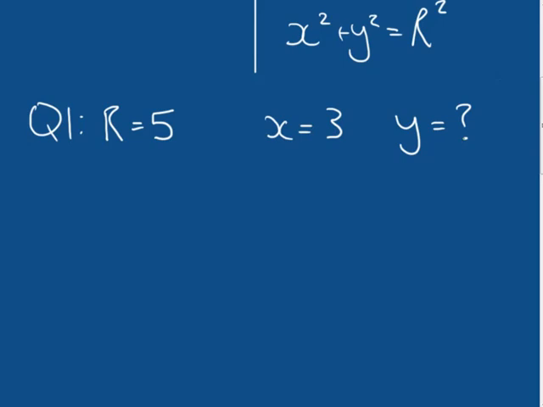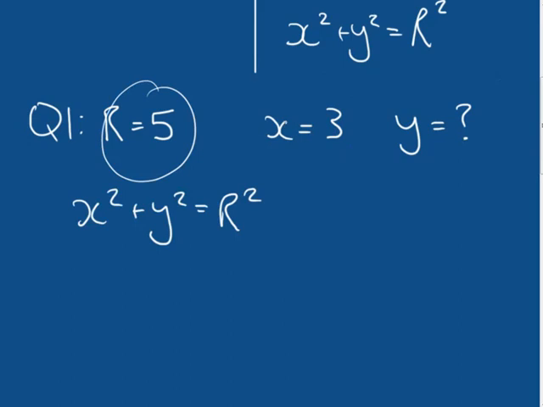So we can see we have our circle equation, x squared plus y squared equals r squared. And we have some of the information here. We have r, we have x, and we're trying to find y. So it's a simple case of rearranging this equation to solve for y. And hopefully we're very, very comfortable doing that at this point.